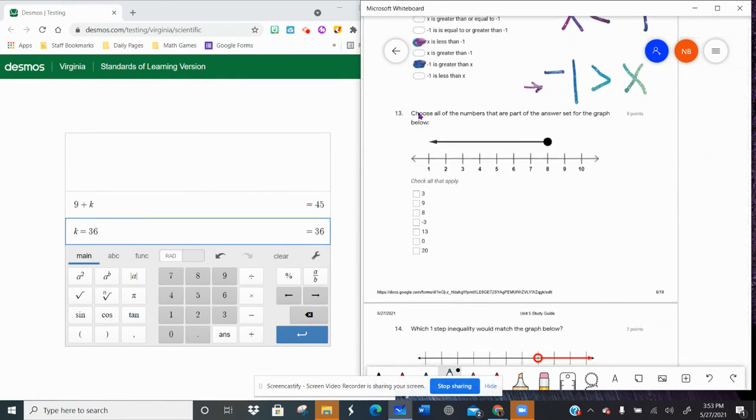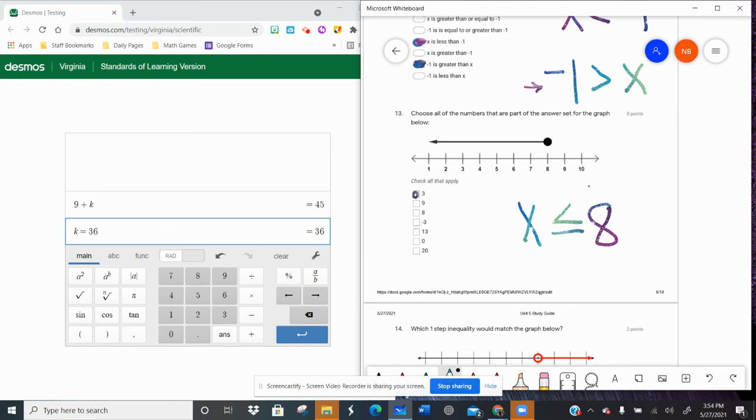All right, our next one says choose all, so there's more than one, of the numbers that are part of the answer set for the graph below. Okay, so let's write the inequality. That's the same one I had up here, that x, those numbers to the left, are less than or equal to 8. So I'm looking for numbers that are less than or equal to 8, which means 8 is a part of the solution set. So let's just go down.